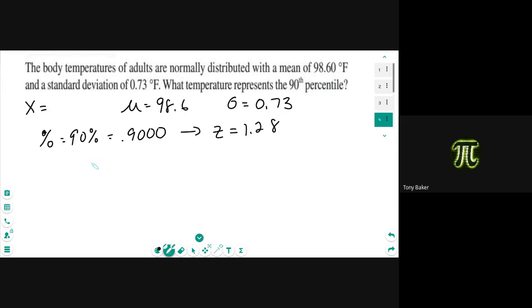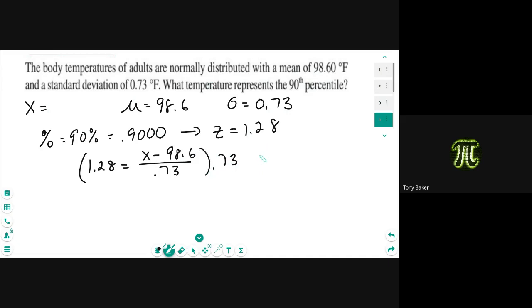So I've got 1.28 equals x minus 98.6 over 0.73. First step, multiply by the 0.73.